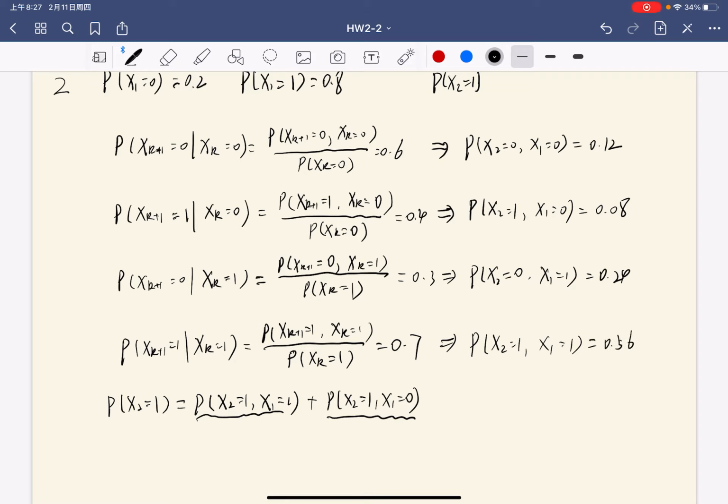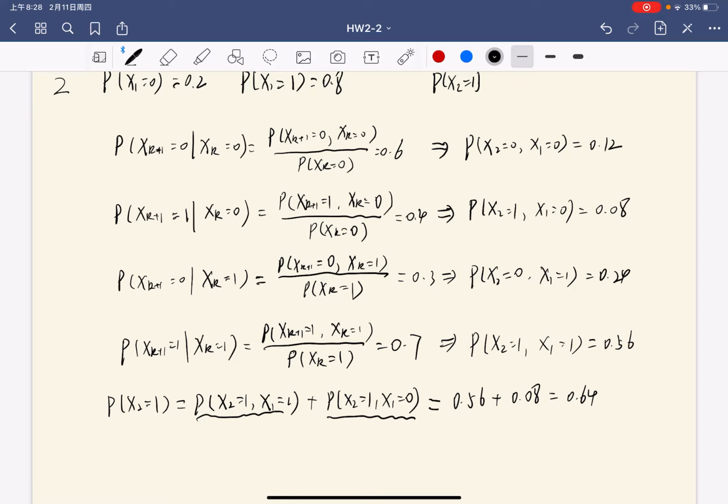So the probability of P(x2 = 1) equals 0.56 plus 0.08, and the result is 0.64.